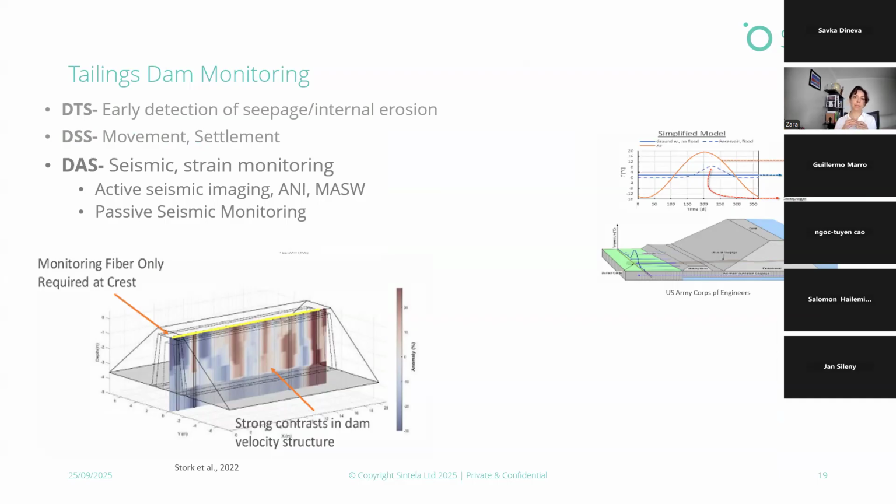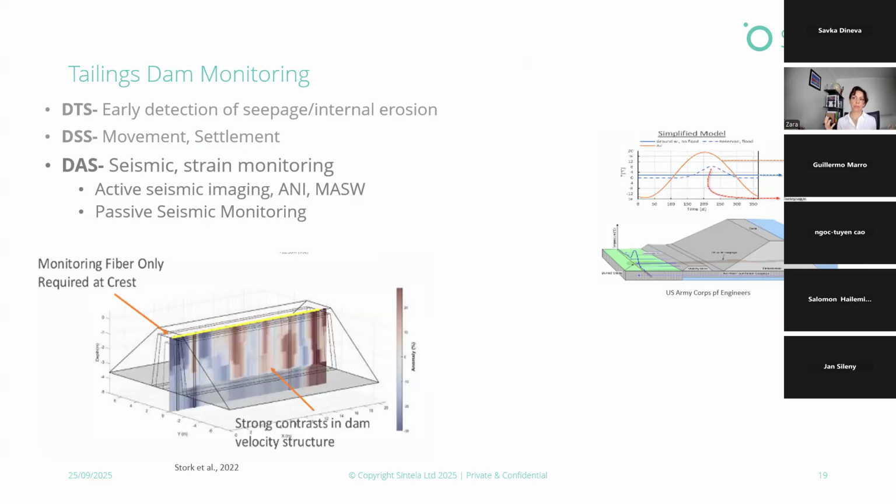With DTS, because we can sense temperature variations, from there we can measure seepage and look at internal erosion. With DSS, we can look at movement and settlement. With both of them, the layout of the fiber is important, where the fiber is installed and how it's deployed. But there's also a lot of potential with DAS for monitoring dams and infrastructures and tailings dams.